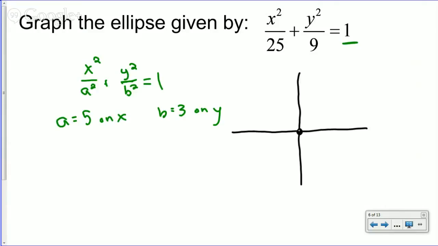We'll talk about later what happens when it's not. We'll go left 5, we'll go right 5, we'll go up 3, and we'll go down 3.